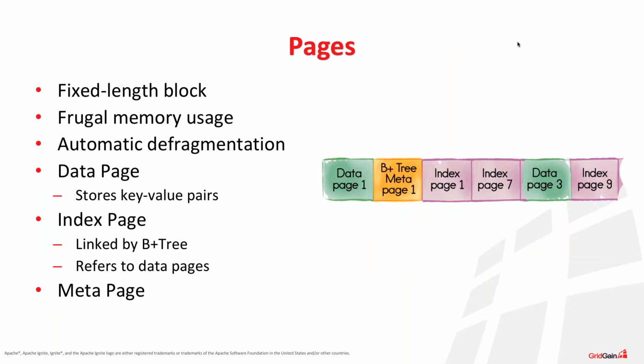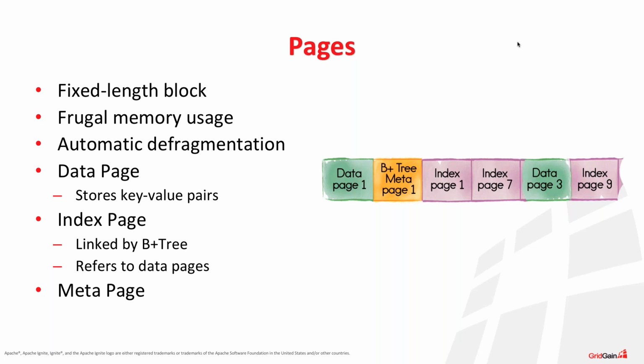Speaking about the pages. As I said, it's a fixed length block that allows us to use the overall memory available frugally. Since it became a responsibility of Apache Ignite to manage the virtual memory, we do automatic defragmentation and compaction, and I'll show you a bit later how it's implemented in Apache Ignite. And in general, there are 3 different types of pages understood by virtual memory.